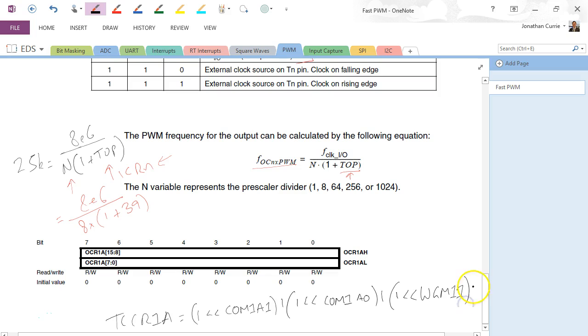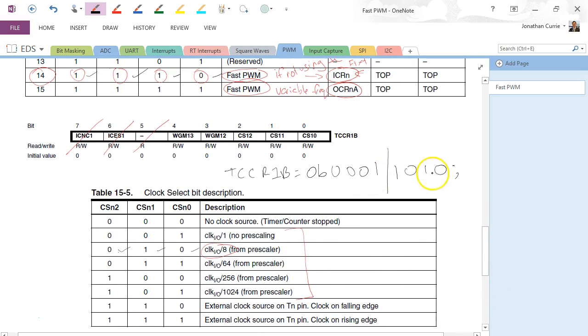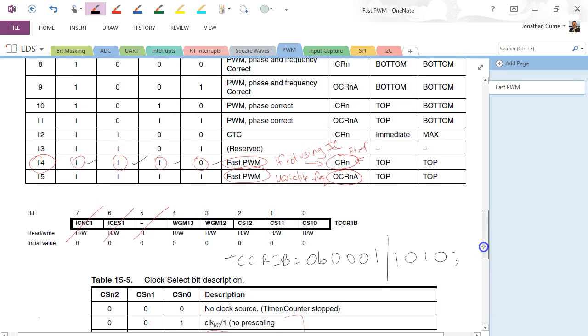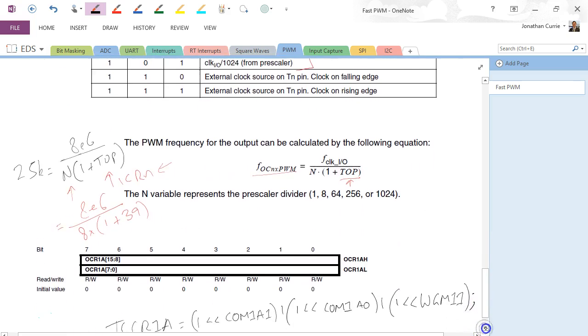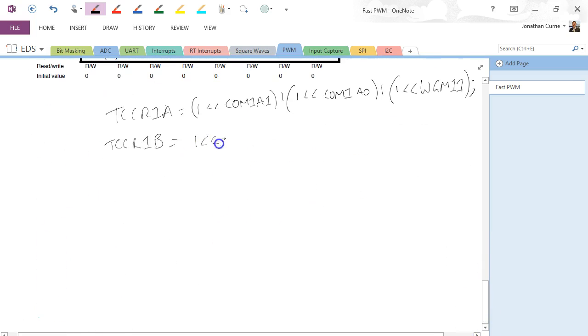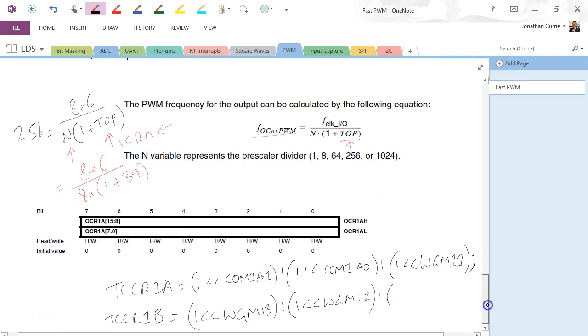And I do recommend that you use these masks when you set these registers. TCCR1B is equal to the corresponding bits here, so we will have WGM13, ORed with WGM12, and ORed with that clock select bit, which will be CS11.